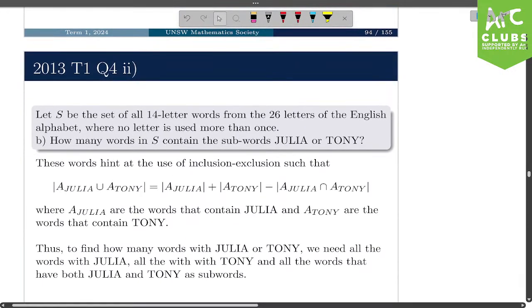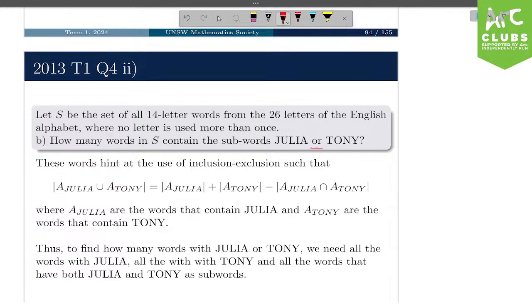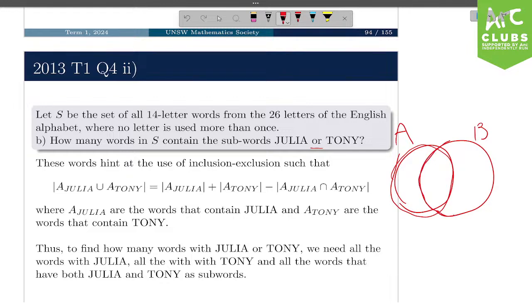Note that what we can do is we can use inclusion-exclusion. How inclusion-exclusion works is basically the size of the union of two sets. It's the size of each set minus the middle. If you count this set here, we'll call this set A, and then you count how many elements are in this set B, you count each element of A once, you count each element of B once, but you note that you count the elements in both A and B twice.